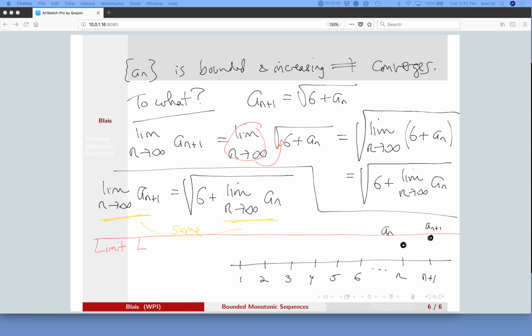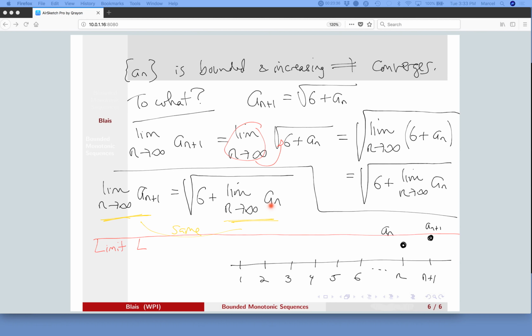You can think of it like both of these two terms are people on a roller coaster. And the roller coaster car is going to this limit L, which means the passengers are both going to that same limit L. That's an argument that this limit and this limit are in fact the same.